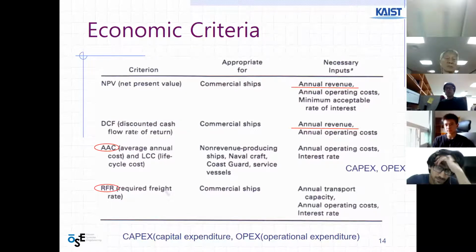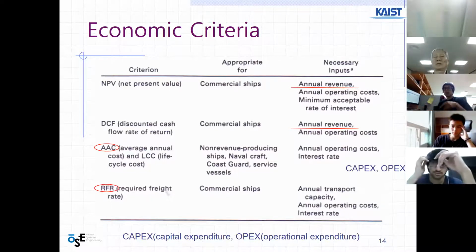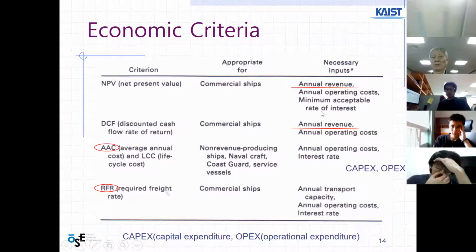You cannot predict, right? Annual revenue is unstable, fluctuating. And then annual operating cost is pretty much predictable. And also the minimum acceptance rate of interest, which is a bank interest rate. So NPV is easy to understand, but it is not easy to calculate.